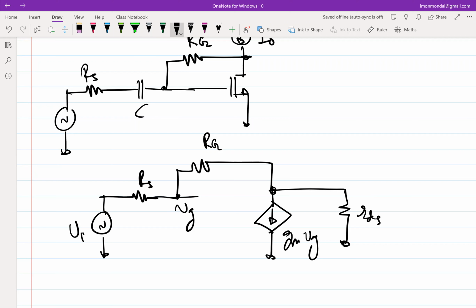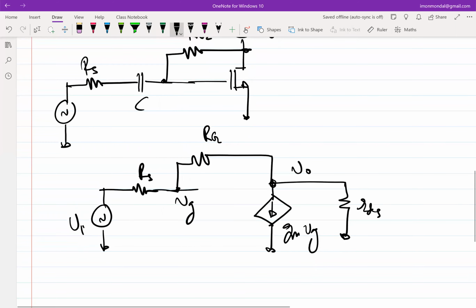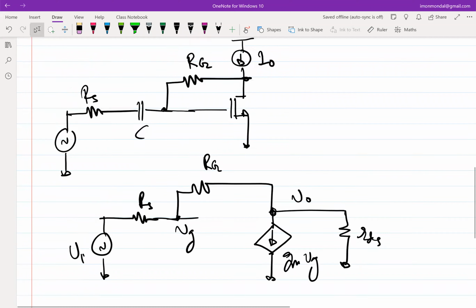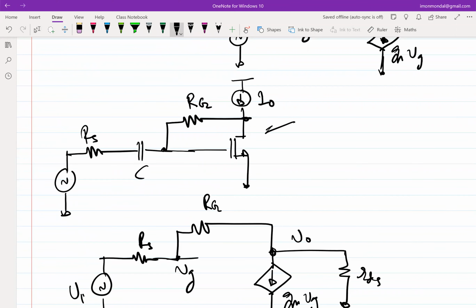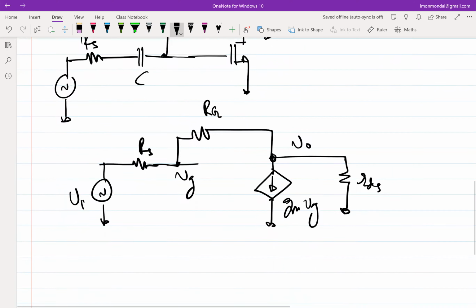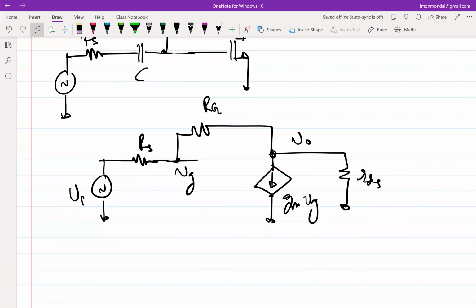At times you can neglect it, at times you cannot. But in this case, obviously we cannot neglect it, because if we neglect GDS in a common source amplifier, the intrinsic gain of the amplifier becomes infinite, which clearly is not true. So in those cases, we cannot neglect the GDS, particularly if you are trying to figure out what the gain is.